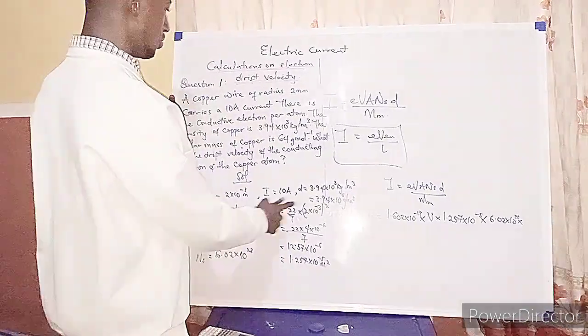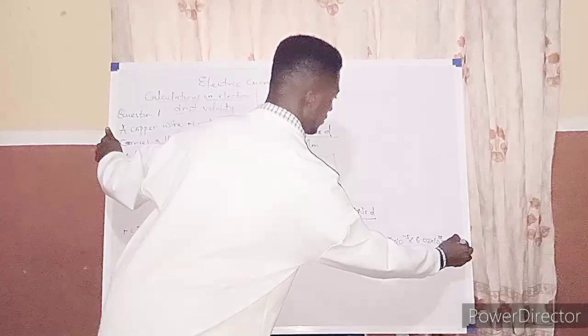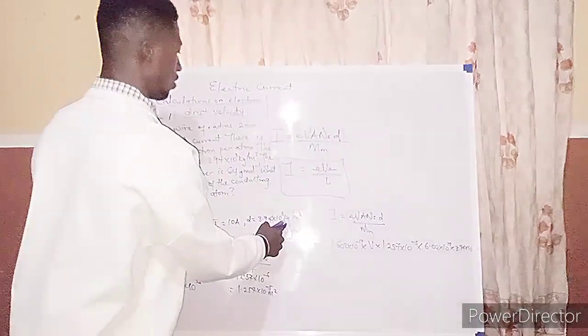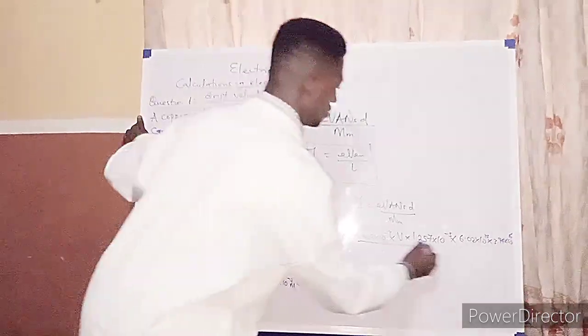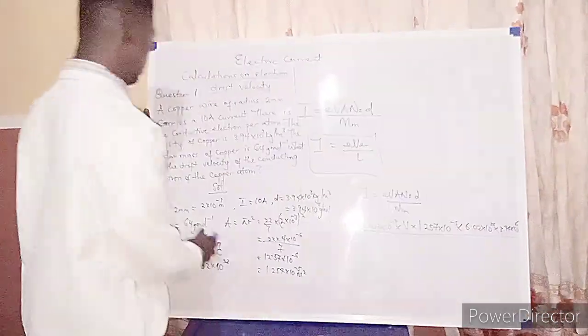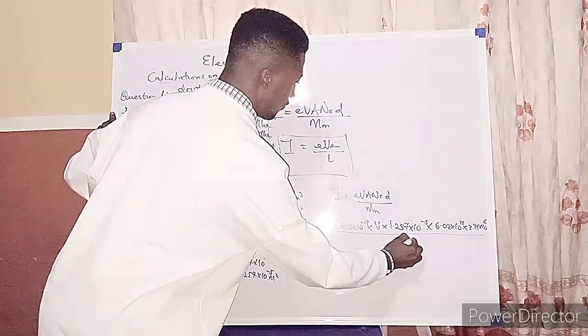D is our density. What do we have as density? 3.94 times 10 to the power 1, times 10 to the power 6. Everything over the molar mass, which is 64.